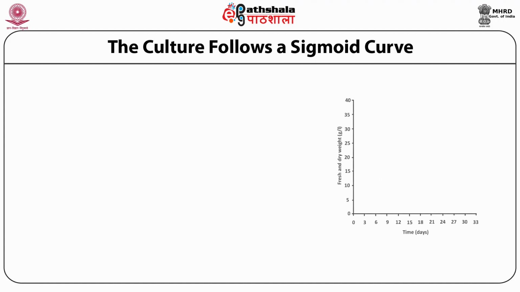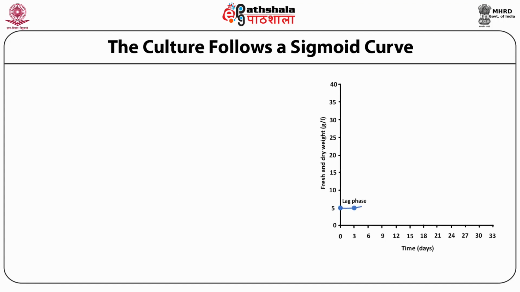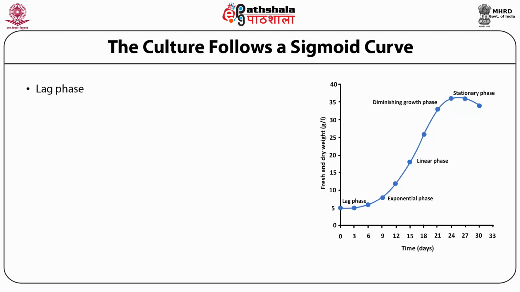Now, what are the different stages in callus growth? There are 5 well-defined stages. When you start with the callus, the initial phase is slow, what we call the lag phase. Then it picks up growth, that is the exponential phase. And then growth stabilizes a bit, but still it keeps on multiplying, that's the linear growth phase.